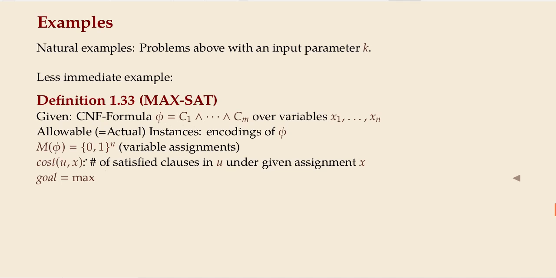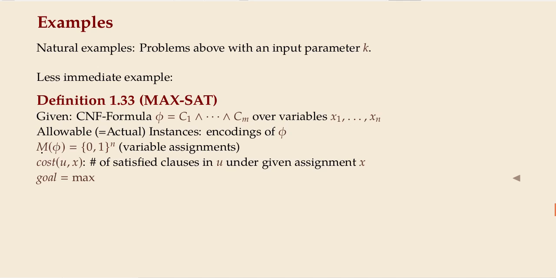Now the allowable instances are just all encodings of such formulas. And again, I don't want to go into detail of the encoding, but probably you can just name the variables by their number and specify whether they are negated or not, and then you have a list of these things, a multi-set of these things.